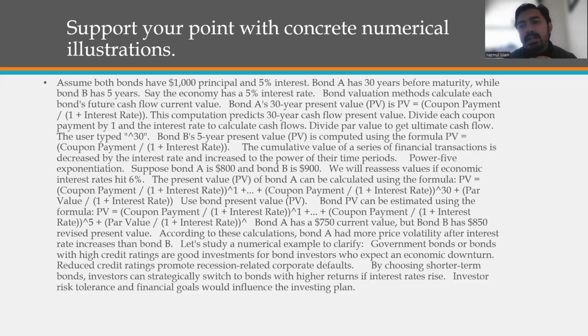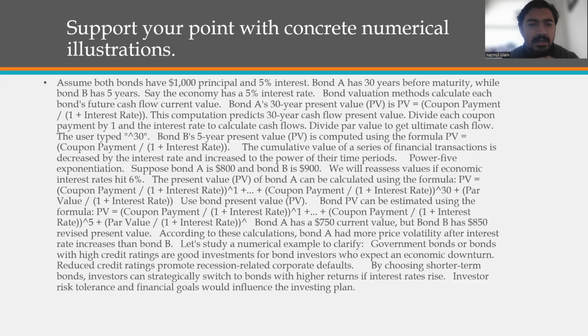The bond valuation method calculates each bond's future cash flow at current value. Bond A has a 30-year present value. So present value equals coupon plus interest rate, as we all know. This computation predicts the 30-year cash flow present value.